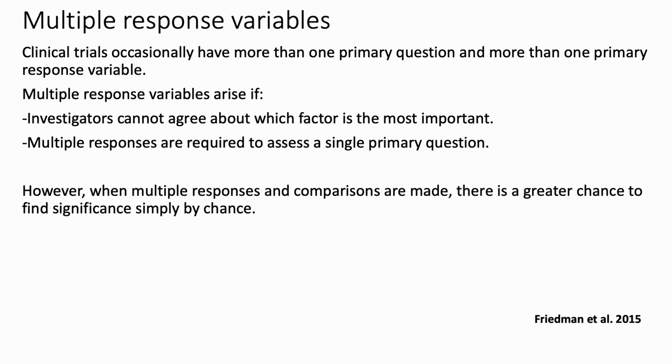Multiple responses may also be required to assess a single primary question. However, when multiple responses and comparisons are made, there is a greater chance to find significance simply by chance.